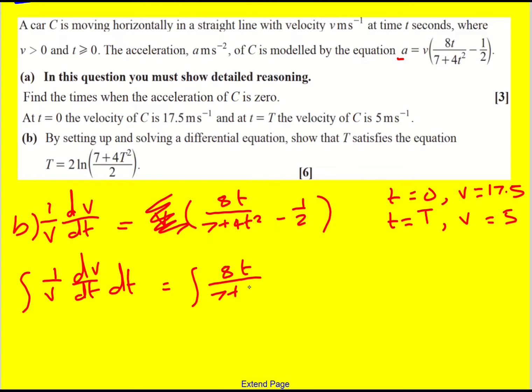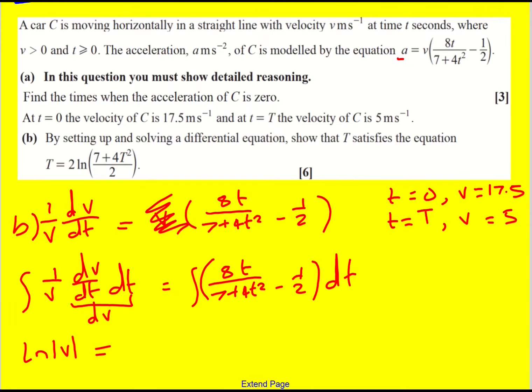And that gives us this. It's just that using the chain rule, this becomes dv. Let's integrate. We've got ln modulus of v is equal to, okay, now I've got to integrate this.